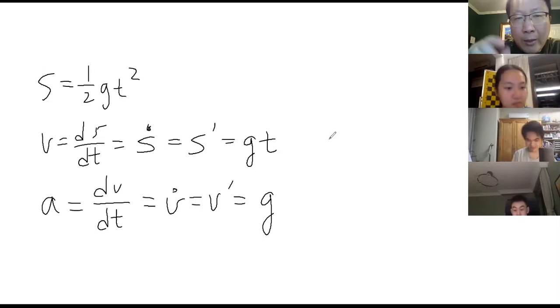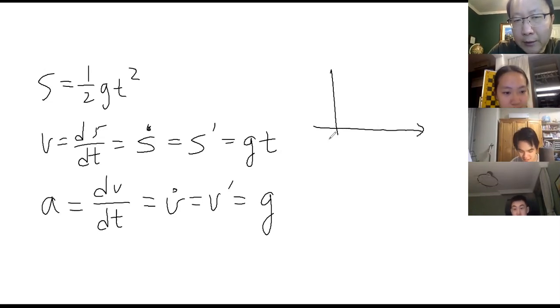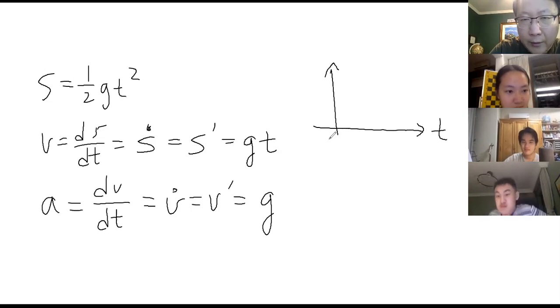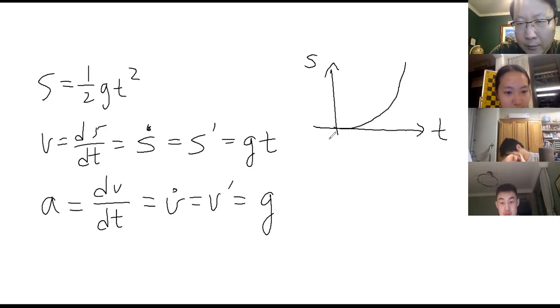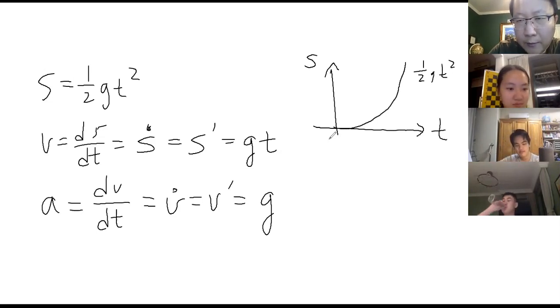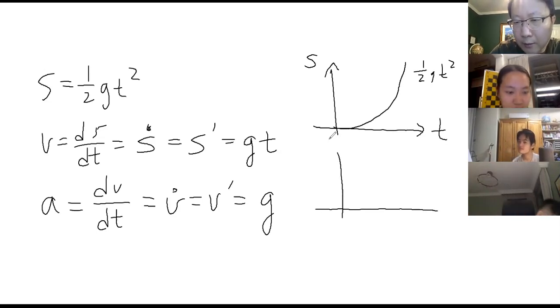So what does it really mean? I go back to here. If we graph it, this is a parabola, right? Parabola shape. This is g t squared, correct? Now this is velocity.